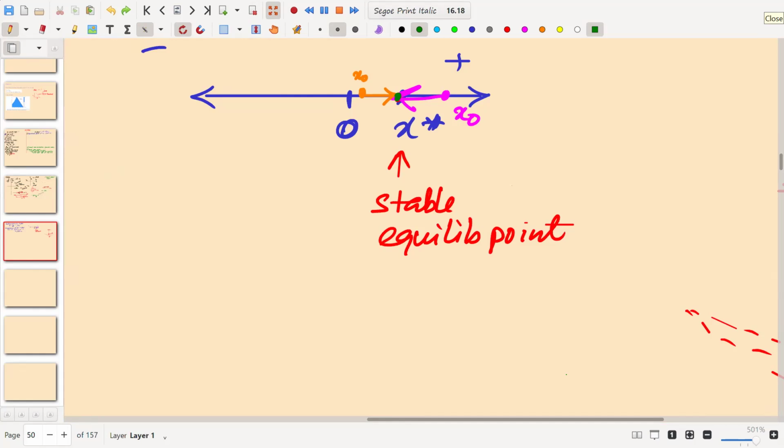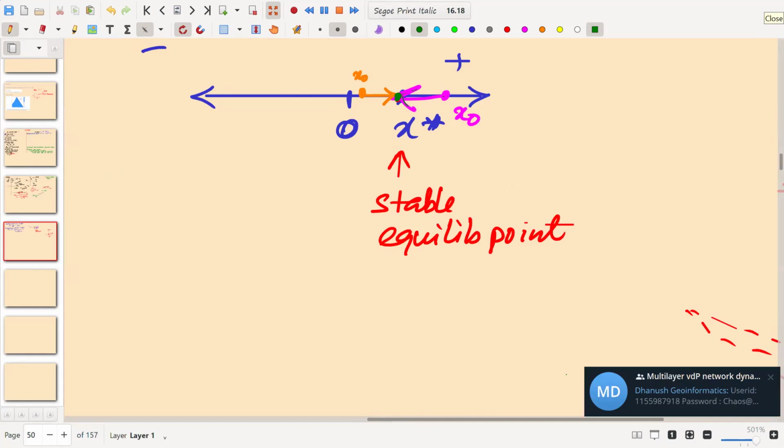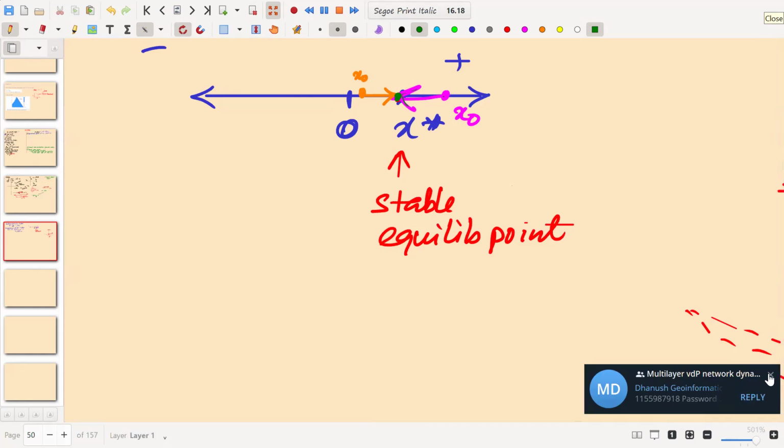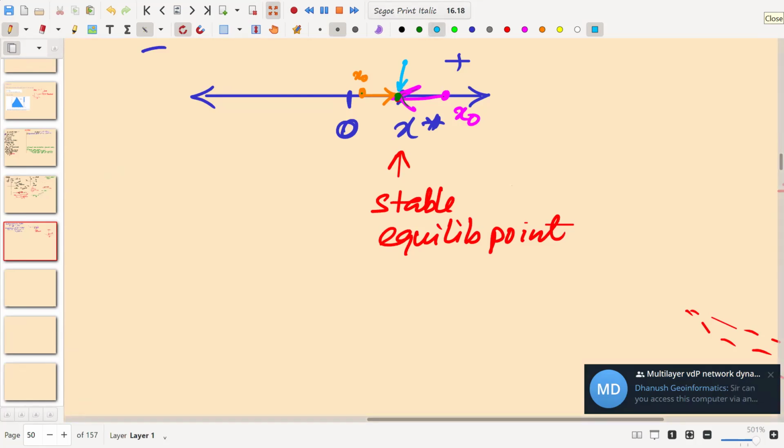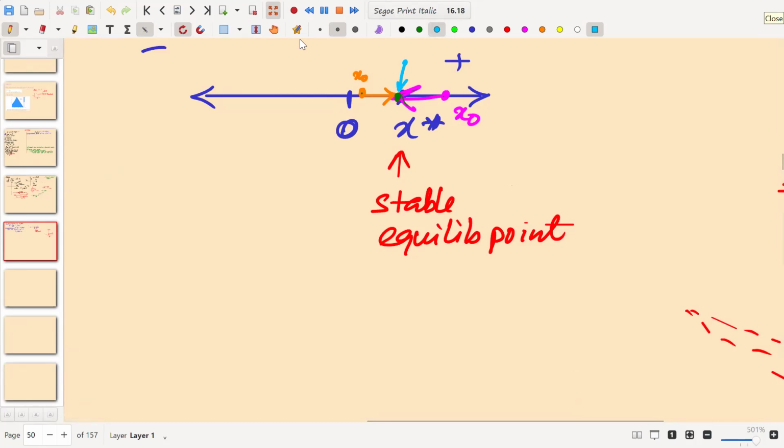Now my question is, you started from this initial condition, then you evolved your flow, and you saw that it goes in this direction and converges towards the x star equilibrium point, right? Now, if you started from this x naught, it will converge towards this x star, right? Now, I am asking you, can you go from here and converge? That's my question to you. Is it possible? Why?